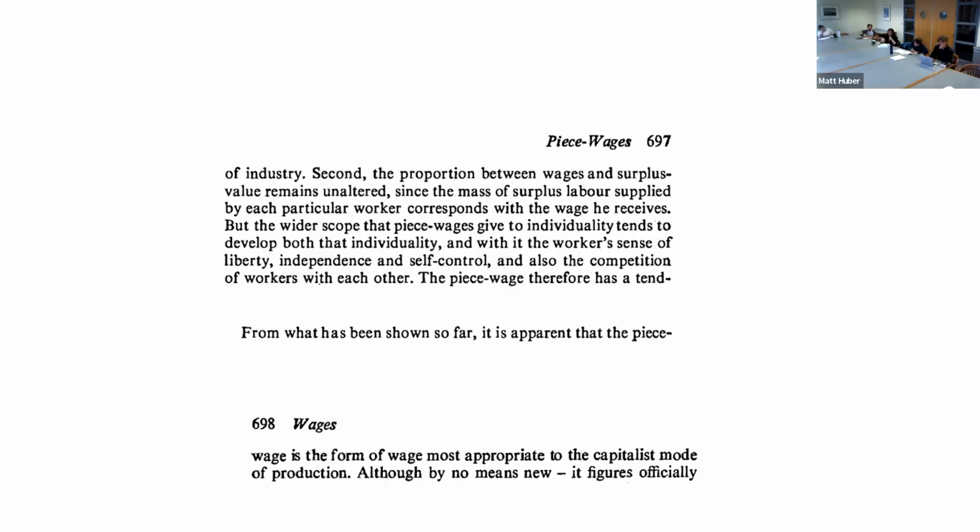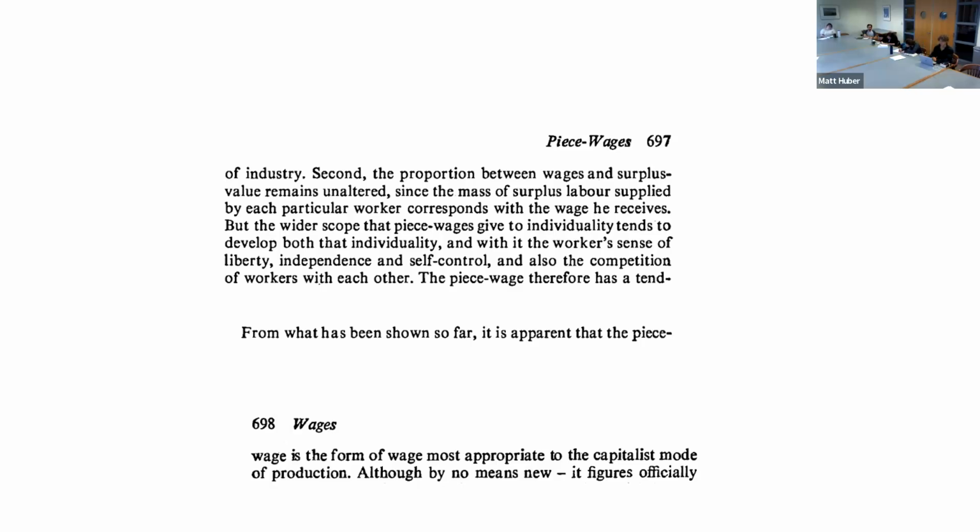So this is what part 6 is about, all these ideological mystifications that tell the workers and the capitalists that the work they're doing is equivalent to the wage. And piece wages kind of convince workers that if they work harder, they get more for themselves. So they become more like free individuals. Like the harder I work, the better I do, right? And they can compete with other workers.